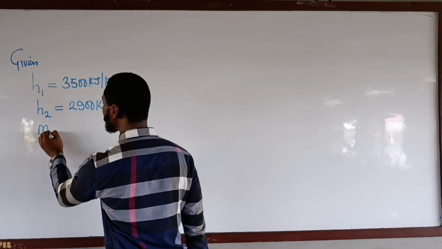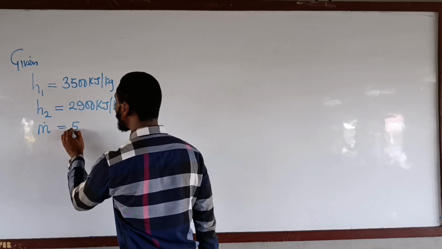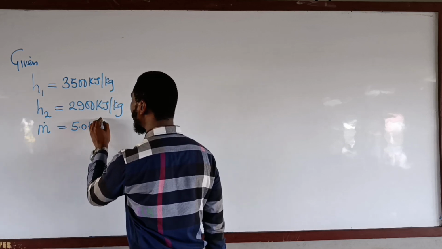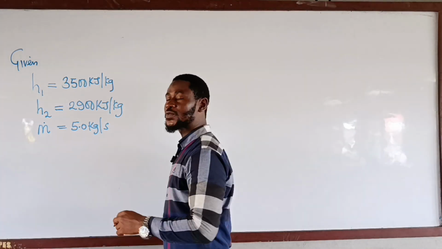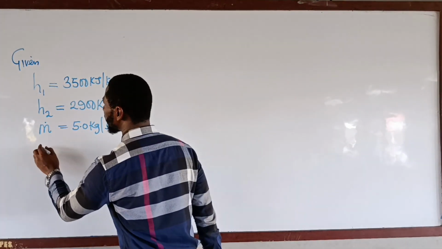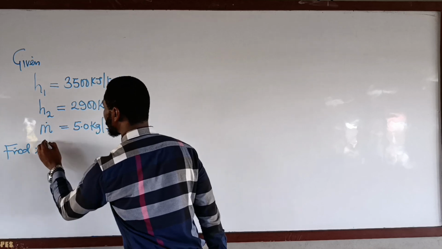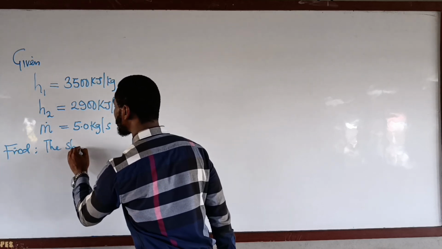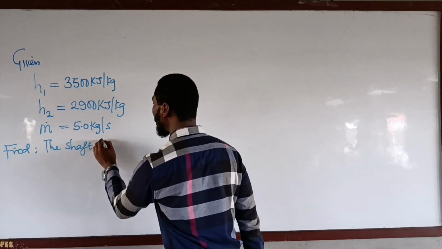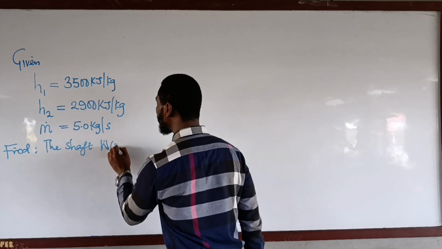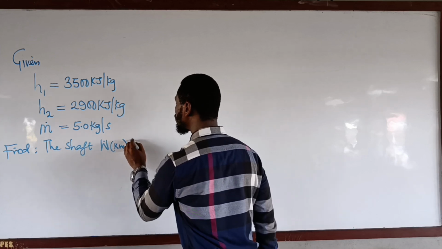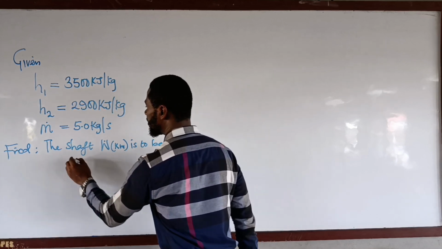The mass flow rate is 5.0 kilograms per second. The shaft work is what we are asked to determine. Find the shaft work. The shaft work in kilowatts is to be determined.